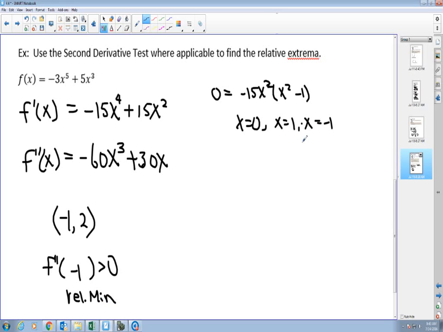Alright, I'm going to do positive 1 now. If I plug positive 1 into the original function, the y value is another 2. So what about f double prime of my c? Let's see if it's positive. And this is the weird part.